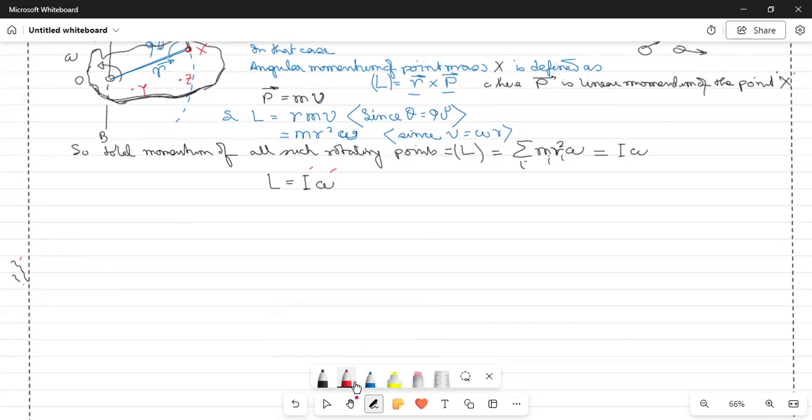Now, there are some special properties of this angular momentum. Like you have seen in linear motion, there is a principle of conservation of momentum, right? Here also, the angular momentum is conserved.